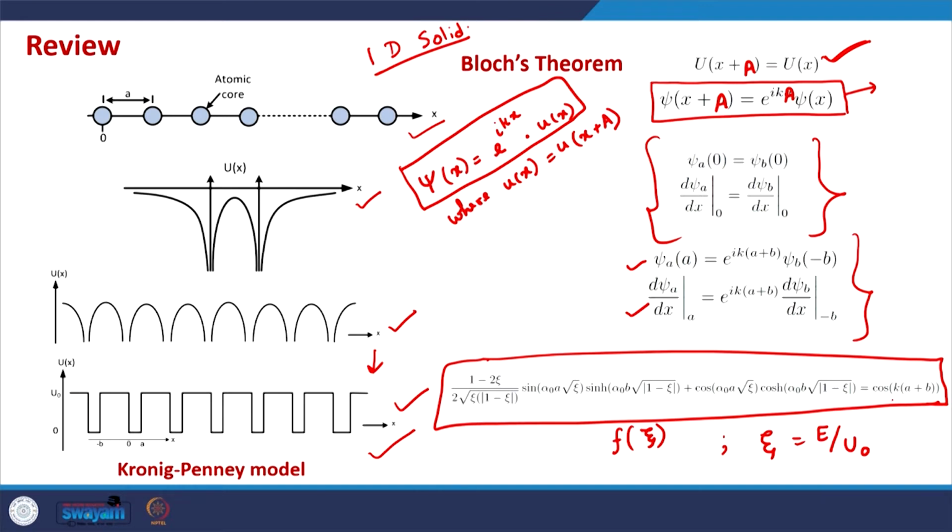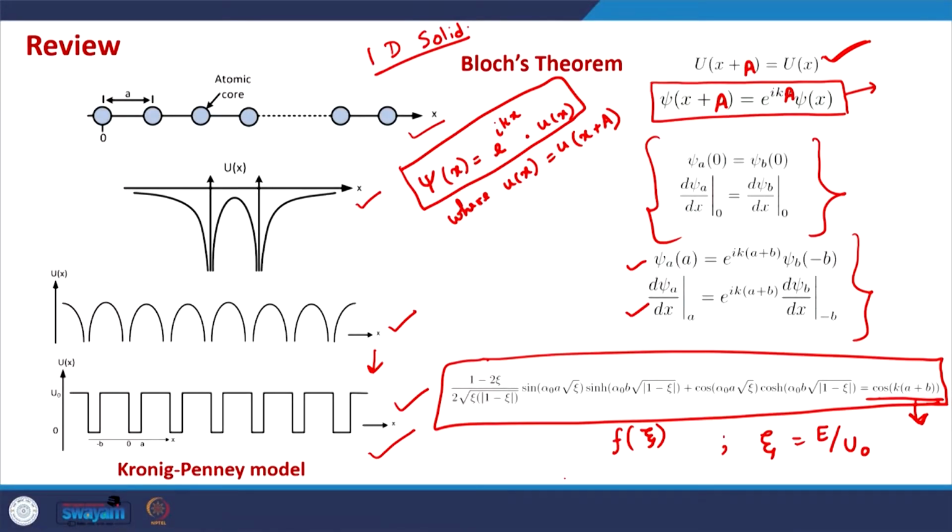On the right hand side we have a cosine function, and the cosine function has k in its argument, basically cos(k(a + b)). So on the left hand side we have the energy function, and on the right hand side we have the k function, the crystal momentum function.